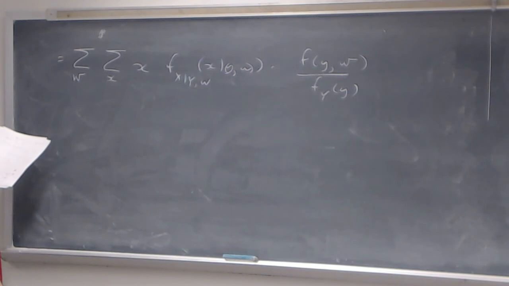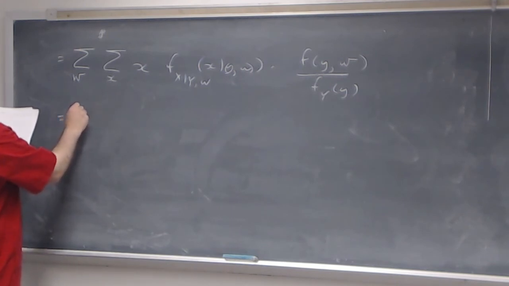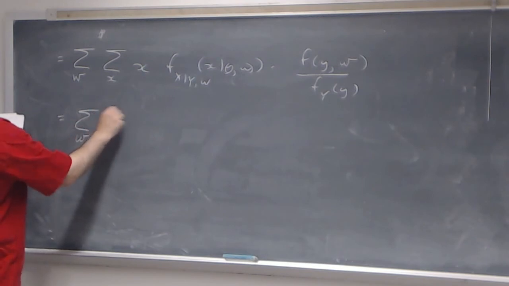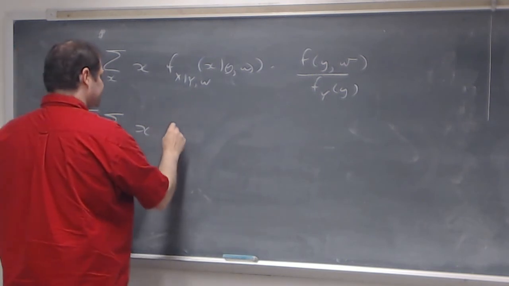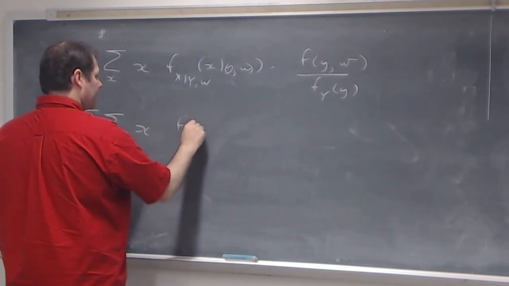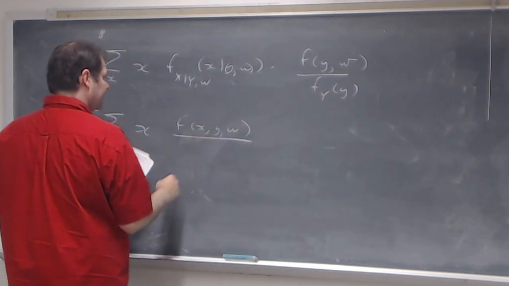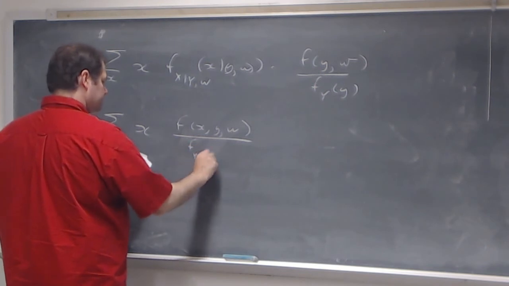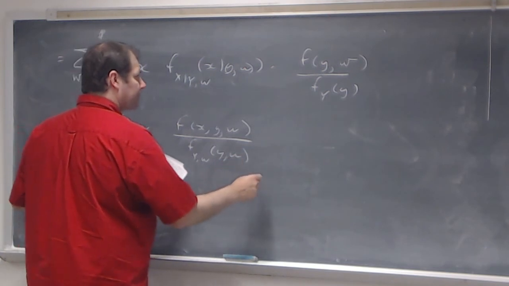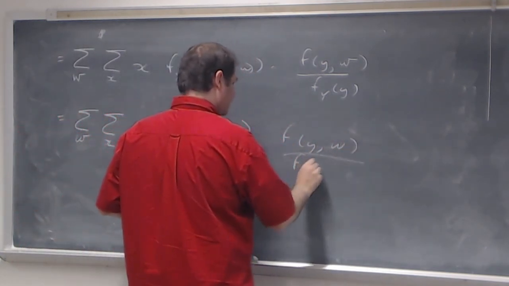Okay, this is equal to a sum over w, sum over x, of x. Let's replace this by what it's equal to, which would be f evaluated at x, y, and w, the joint PDF of all 3, divided by the joint of y and w, times f of y, w over f sub y of y.